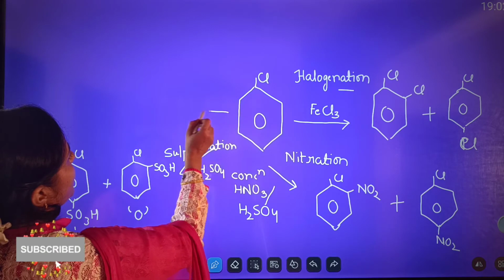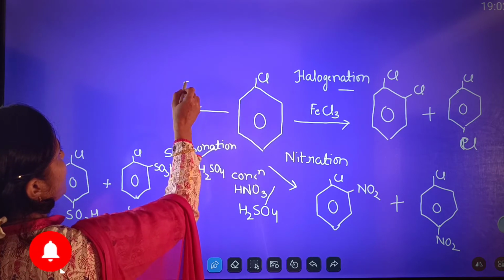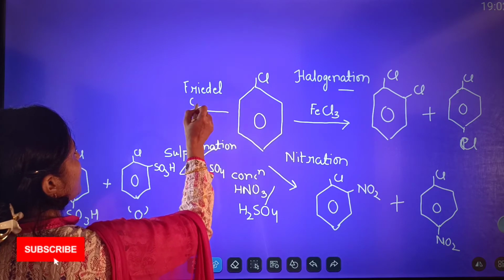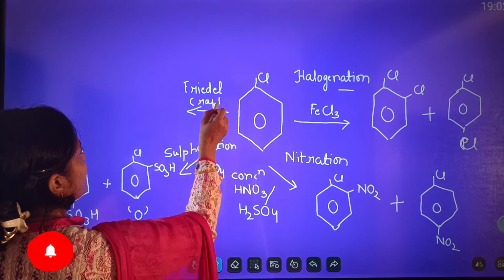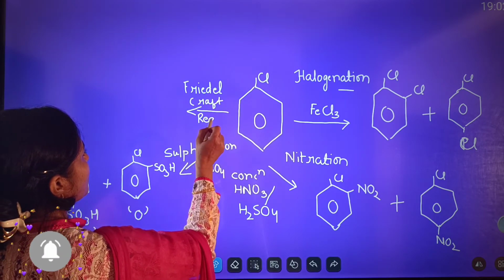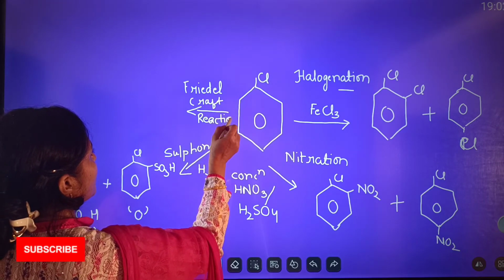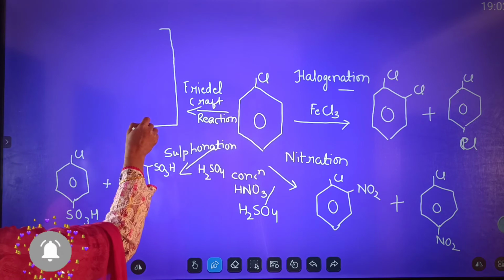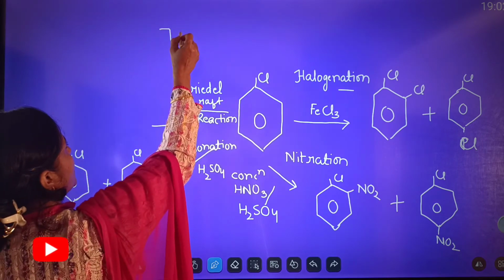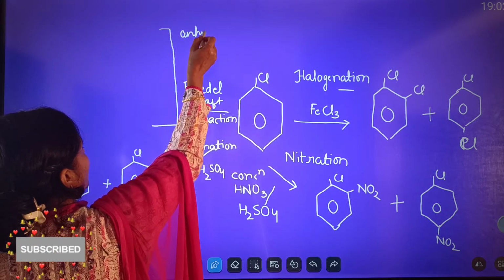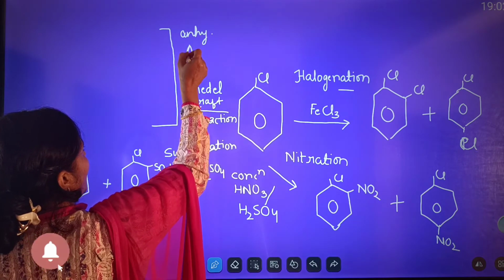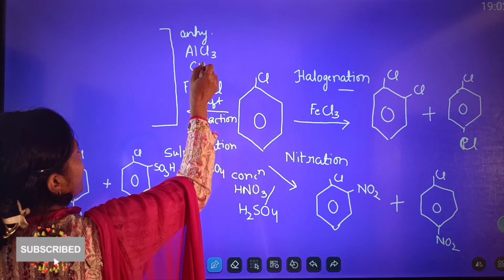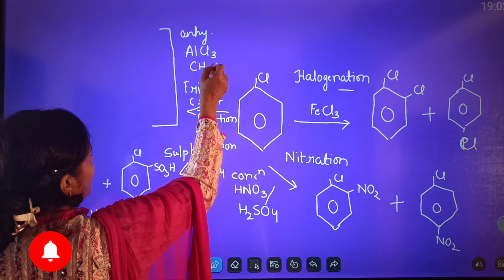Now we will be studying the Friedel-Crafts reaction. Actually, Friedel-Crafts reaction occurs in two ways. In the first, it can react with anhydrous aluminium chloride, and here we will be reacting it with CH3Cl.